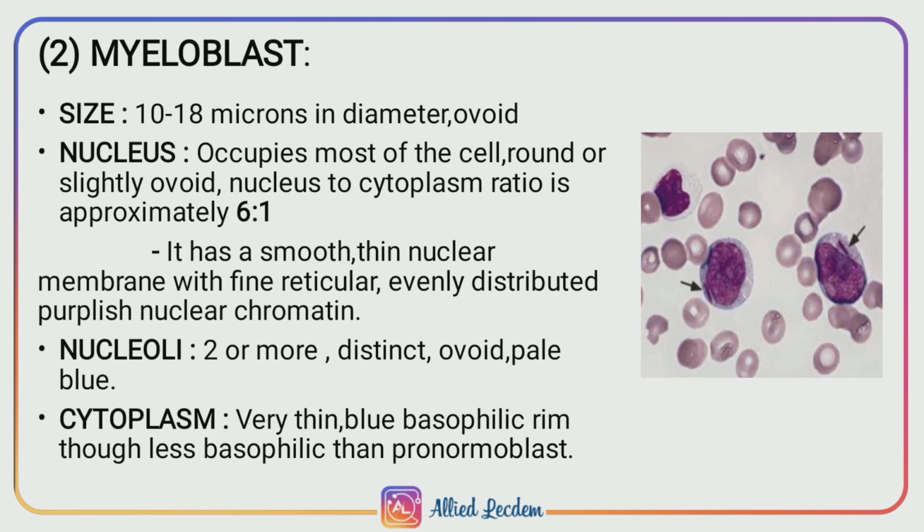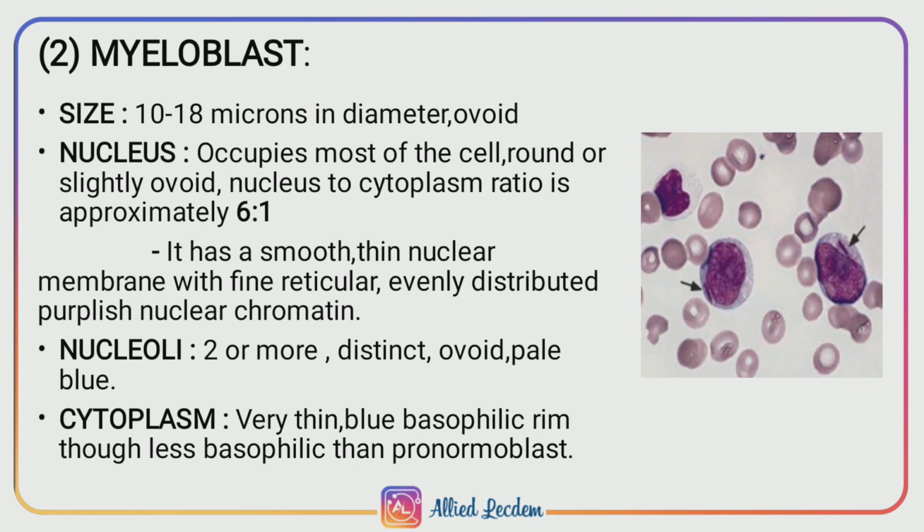Myeloblast. The size of the cell ranges from 10 to 18 microns in diameter and it is ovoid or oval shaped. Then nucleus. The displayed blood picture shows how the nucleus occupies most of the cell and it is round or slightly ovoid in shape.